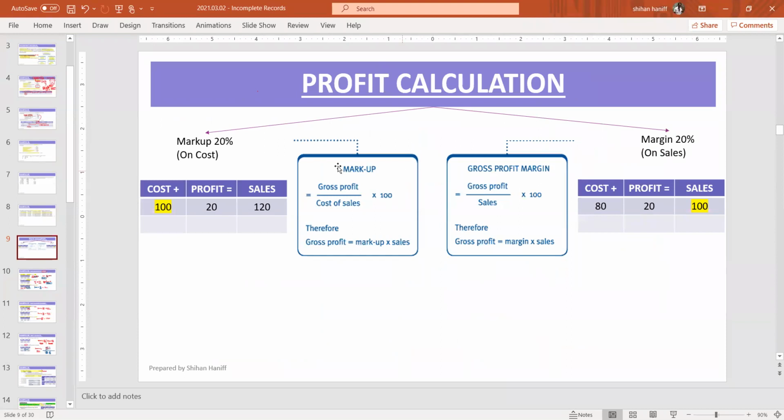Remember this point. Markup means on cost. Cost is 100. Margin means on selling price. Selling price is 100. So based on this only, most of our questions will be based.